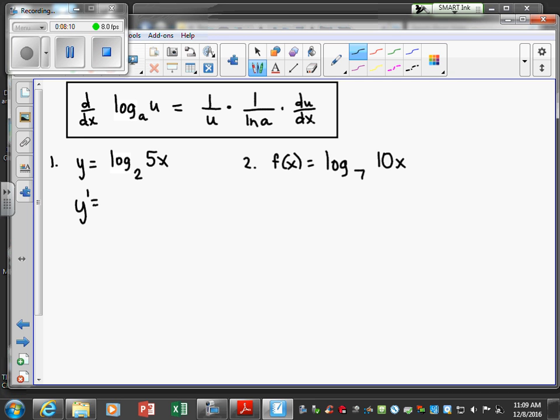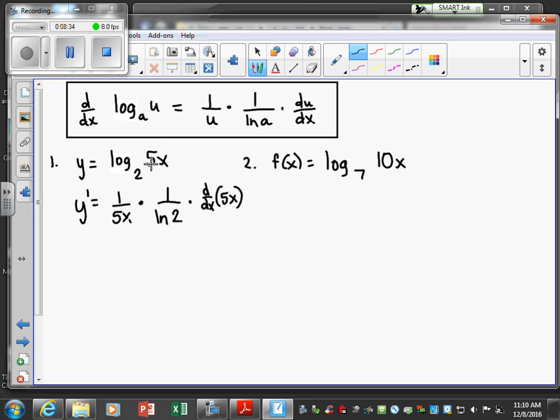So what's 1 over u? 1 over 5x, good, times 1 over the natural log of a. So 1 over the natural log, and what's a in our problem? 2, good. And then we have du dx, so we want to take the derivative of 5x.